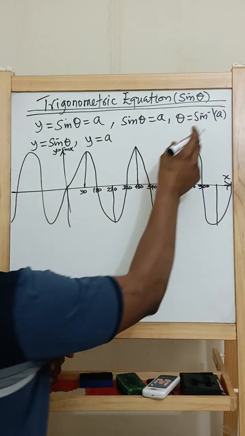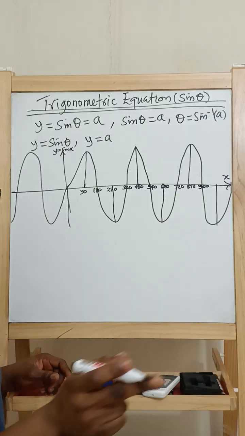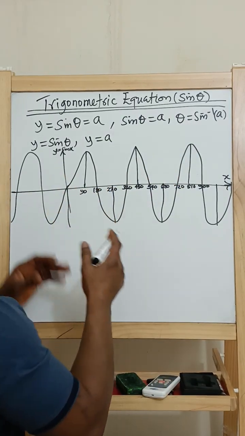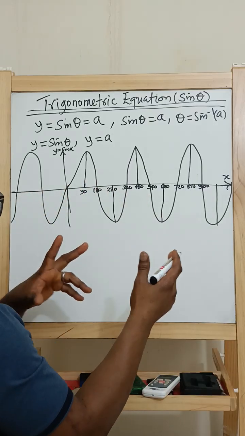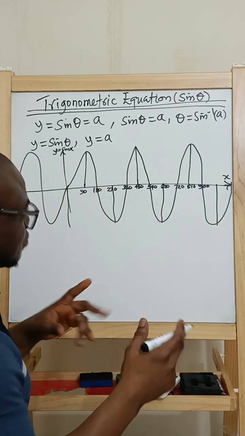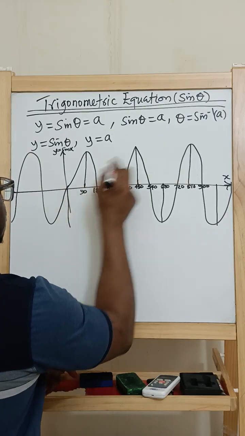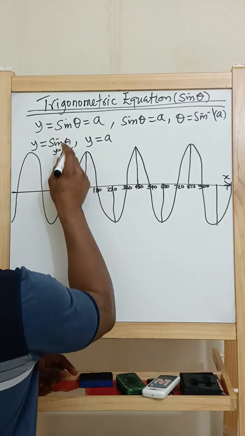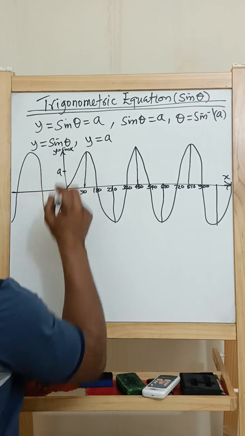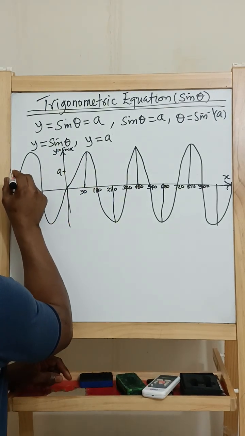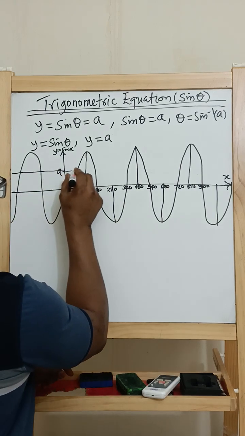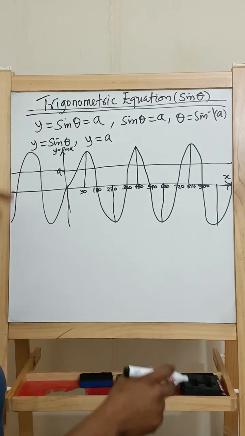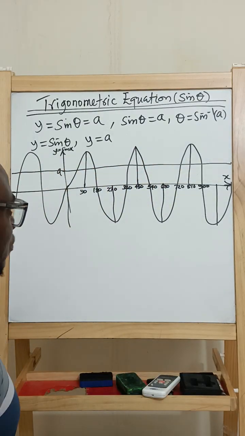Now you see this particular value theta, it can be drawn on this curve. It's usually between 0 and 90, an acute angle. When we draw it here, y equals a, which is this one. If we draw the horizontal line, it's a straight line that passes through the curve.